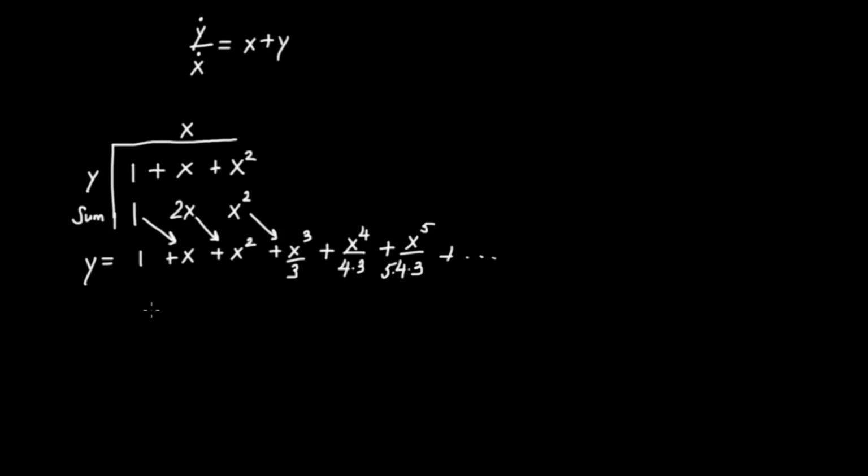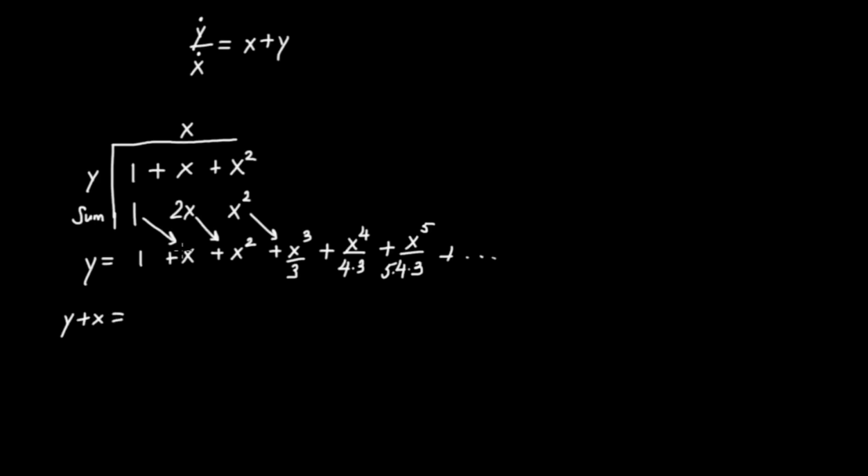Let's now verify that what we've gotten out of this method is actually a solution to this differential equation. That is, that taking the derivative of this thing on this left-hand side is the same thing as adding x to it. That's what this differential equation is saying. So let's find, well, first let's do the easy thing, which is add x to this thing.